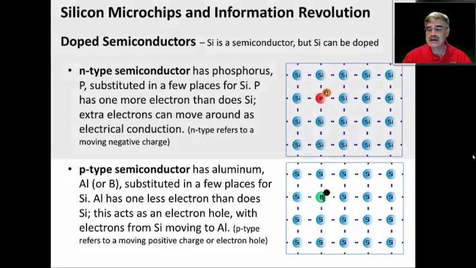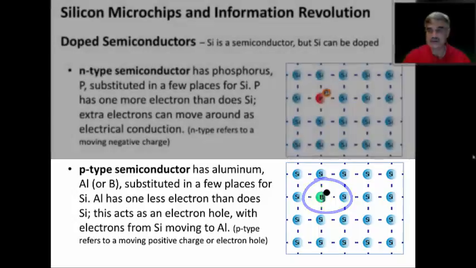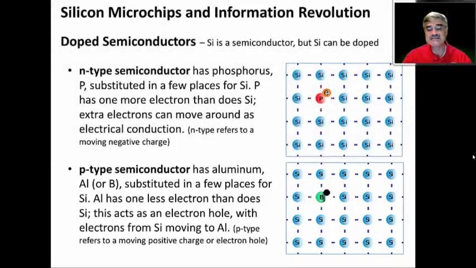A second way that silicon can be doped is by substituting either an aluminum or a boron for the silicon. Now the key in this case is that either aluminum or boron, either one, has one less electron than does silicon. This type of doped silicon matrix has places where it is deficient in electrons.